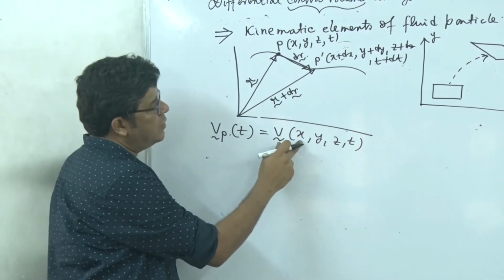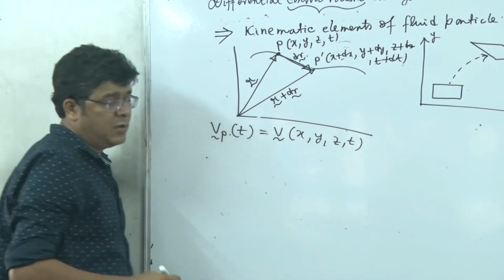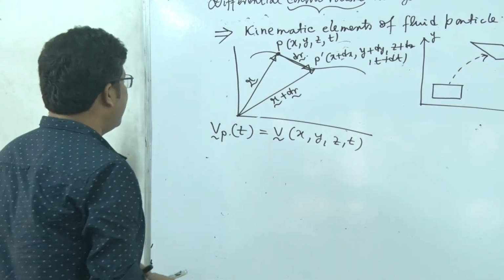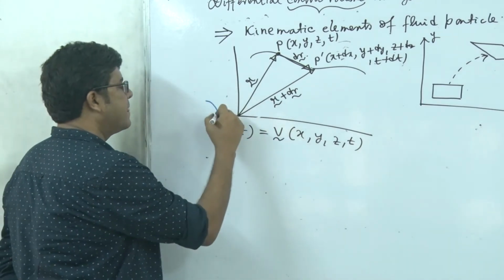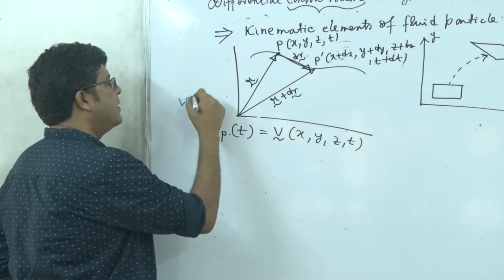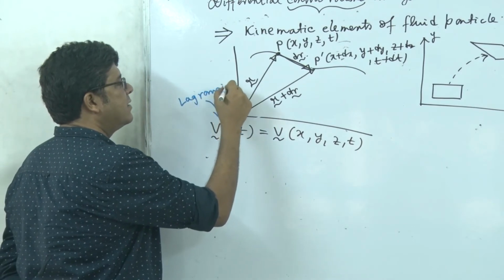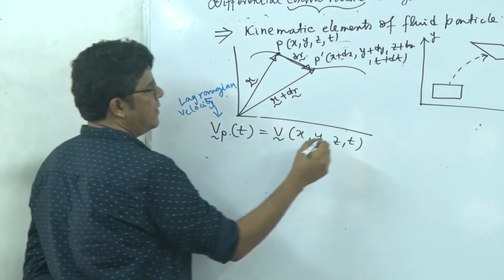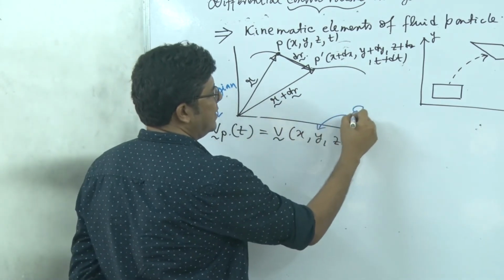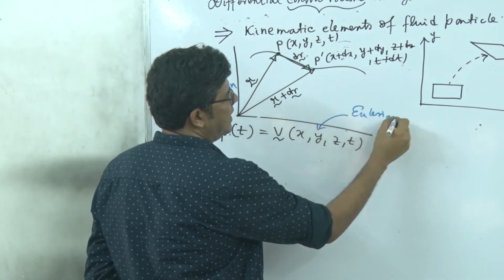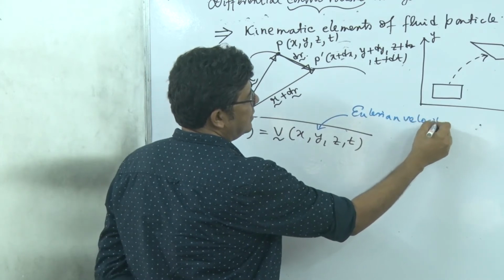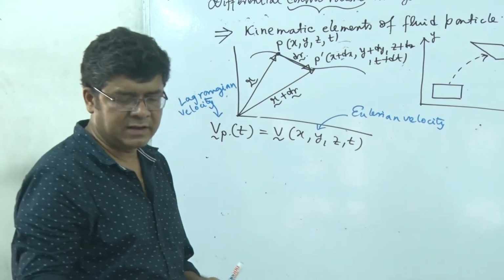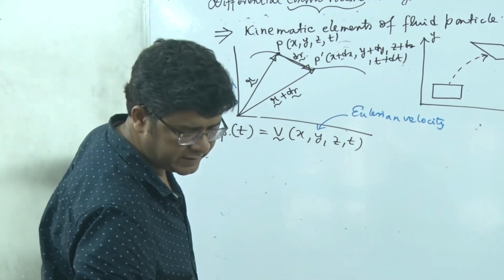So V will be a function of x, y, z and t. What is very important to understand is that whenever I am writing Vp(t), it is Lagrangian velocity, whereas this one is Eulerian velocity. So velocity wise, the Lagrangian term and the Eulerian term, they are same.